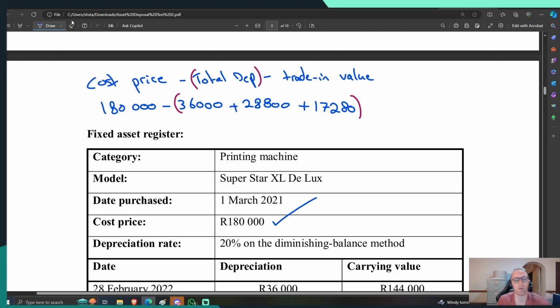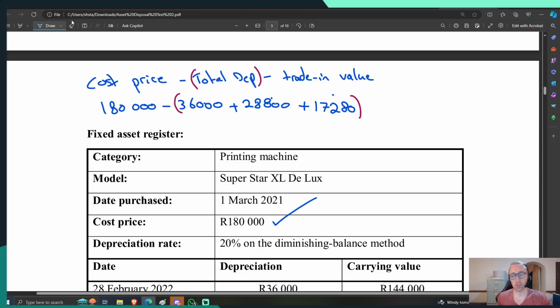So we've got our cost price, 180,000, minus our total depreciation, which is these 2 years of accumulated depreciation plus this year's depreciation. That would give us our book value.